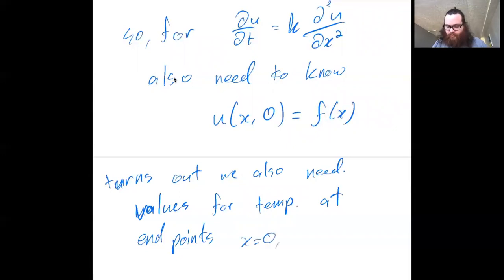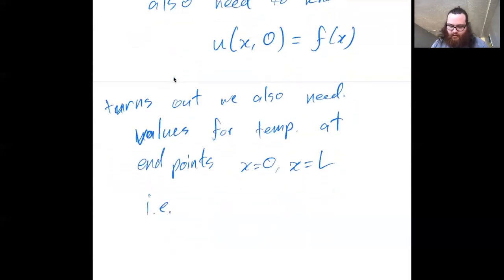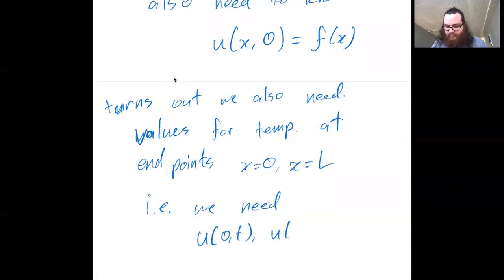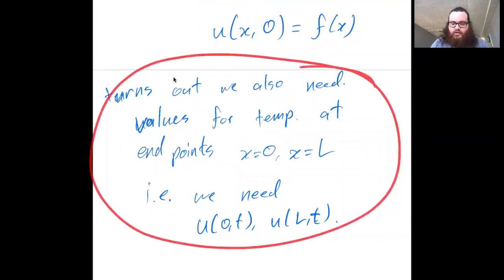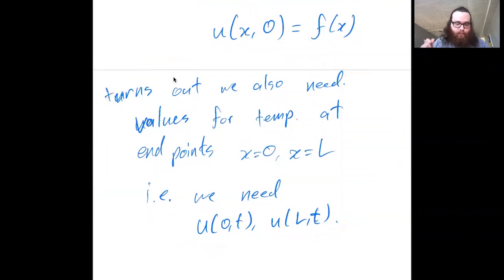So for this rod, we need to specify u at 0,t and u at L,t. Initial conditions and boundary values are two other key components of this course that we'll touch on a lot more in coming lectures. So stay tuned.